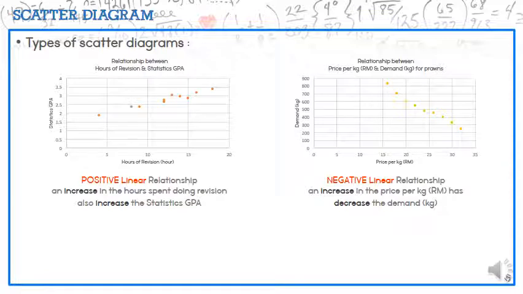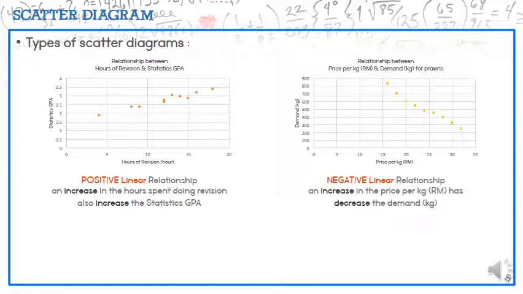Okay, a few more examples. In this first scatter diagram, I plotted the relationship between hours of revision and statistics GPA. So logically, your GPA depends on hours of revision.